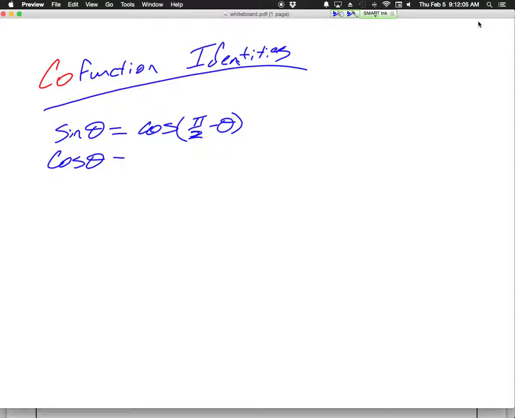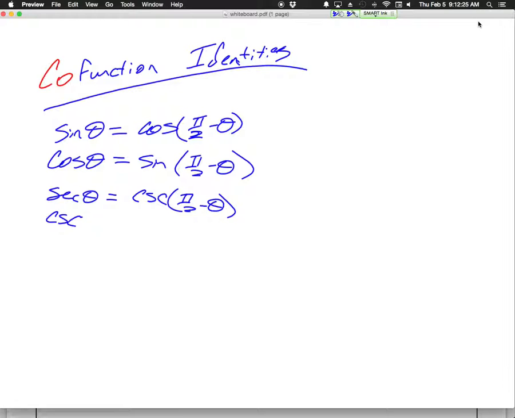Cosine of theta is going to be equal to sine of pi over 2 minus theta. Secant of theta is going to be equal to cosecant of pi over 2 minus theta. Cosecant of theta is going to be equal to secant of pi over 2 minus theta.